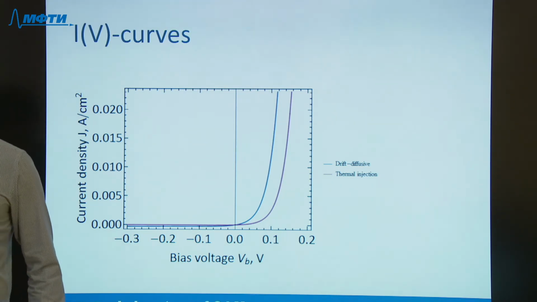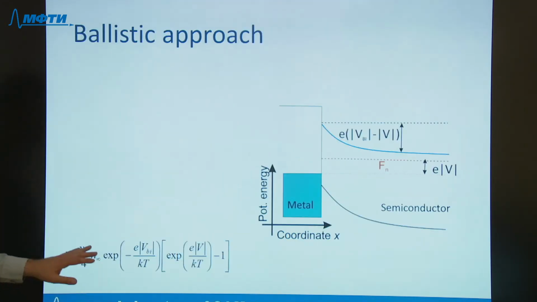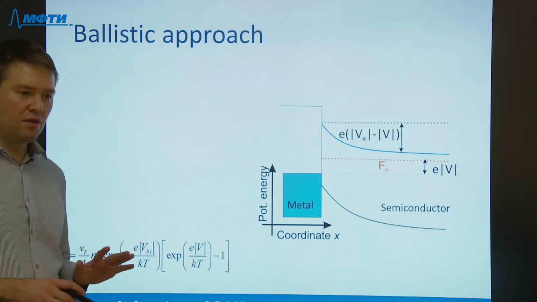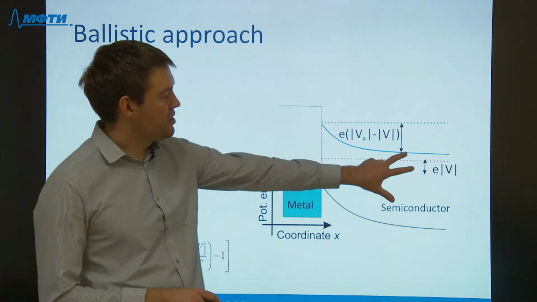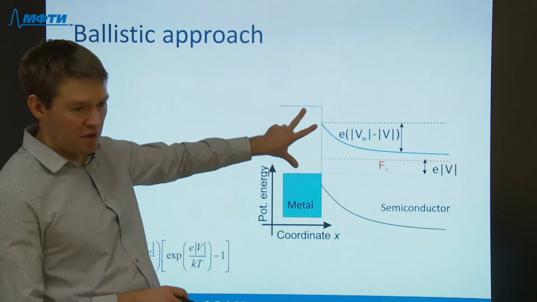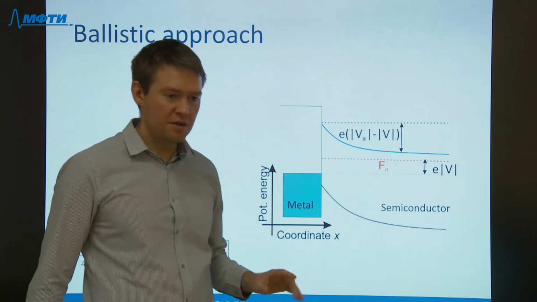But there are some differences. The differences are the prefactors. The ballistic model tells that the current should be proportional to thermal velocity, and it doesn't know anything about the scattering parameters and in particular about the distribution of voltage along the device.